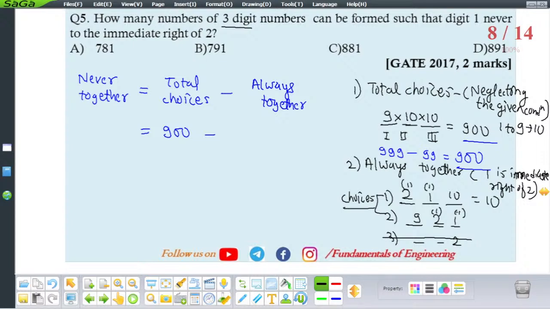So addition, 10 plus 9, 19. So we got total choices as 900 and always together as 19. So 900 minus 19, that will be the final answer. 900 minus 19. What is the answer?